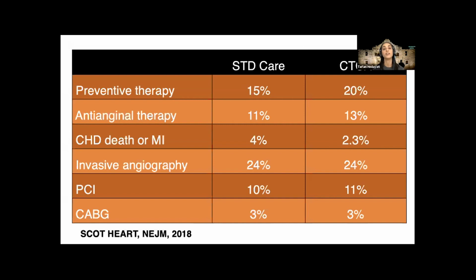Interestingly, the rates of invasive coronary angiography and coronary revascularization were higher in the CTCA group as compared to the standard group in the first few months of follow-up. But after 5 years, when you push those results out, you can see there was really not much difference between these two groups in terms of invasive angiography, PCI, or CABG after 5 years.